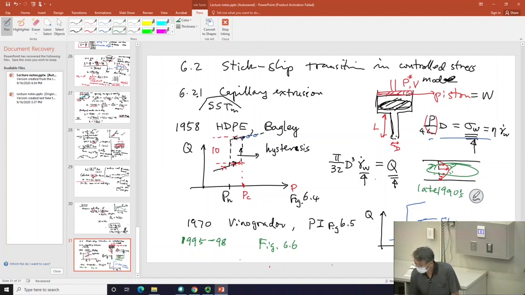Since there was controversy about what is the nature of this transition, we got into the game, and next time we can describe how one can very straightforwardly indicate the nature of this transition.